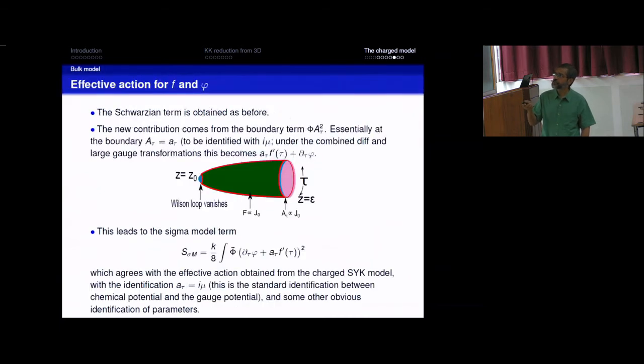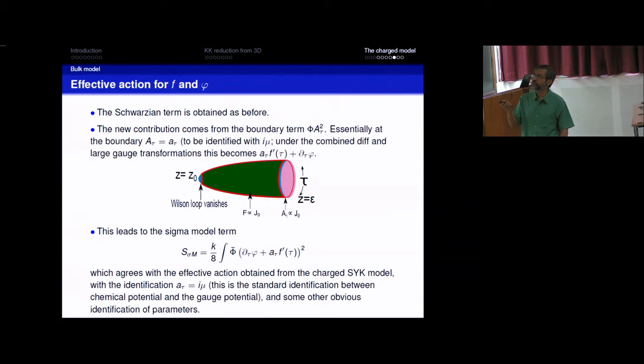And if you apply Stokes theorem in this part, the Wilson loop vanishes here. So the Wilson loop here picks up the J naught. So basically, A tau gets proportional to J naught. So the boundary value of A tau is to be identified with i mu. This is the standard identification between chemical potential and the gauge potential A naught.